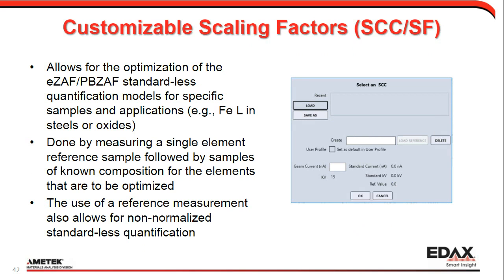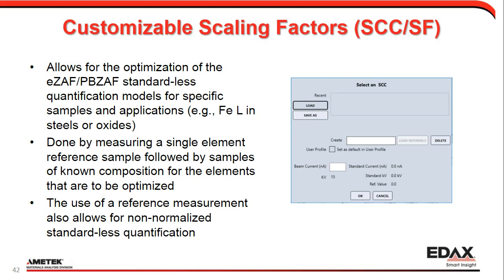The customizable scaling factors include two factors. SCC is for the traditional VAS Quant model, and the SF is for the peak-to-background VAS Quant model. The factors allow for the optimization of the quantification models for specific samples and applications.